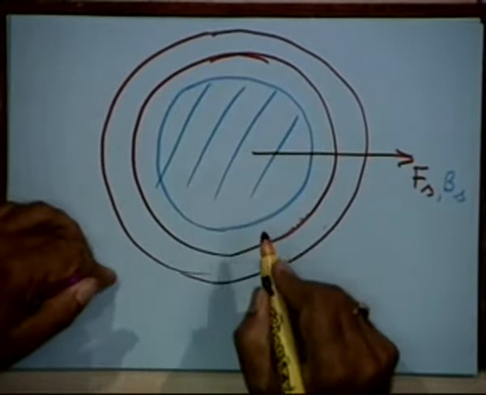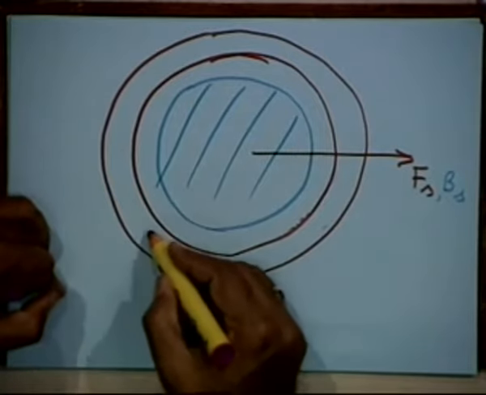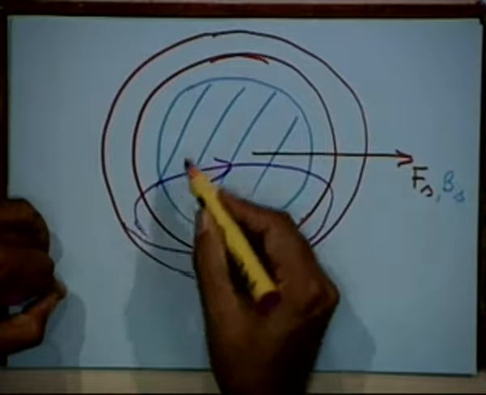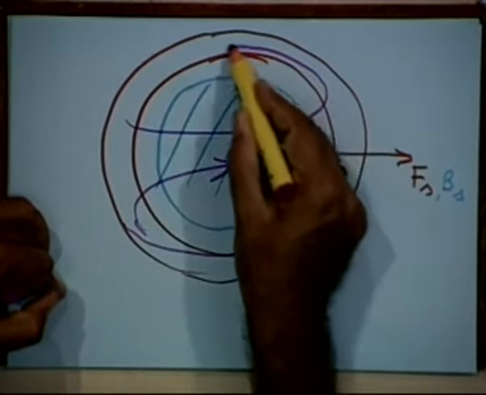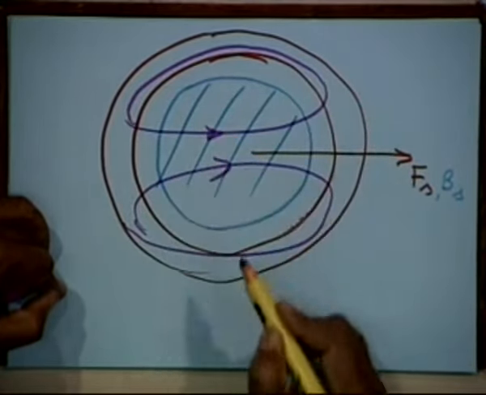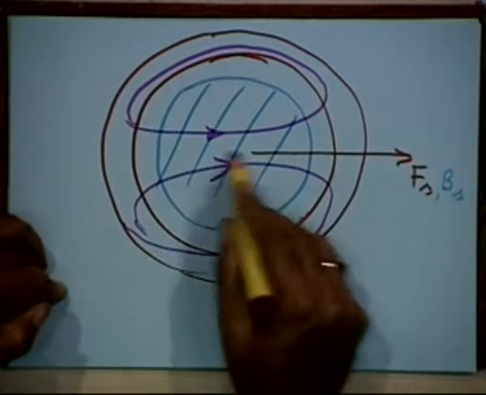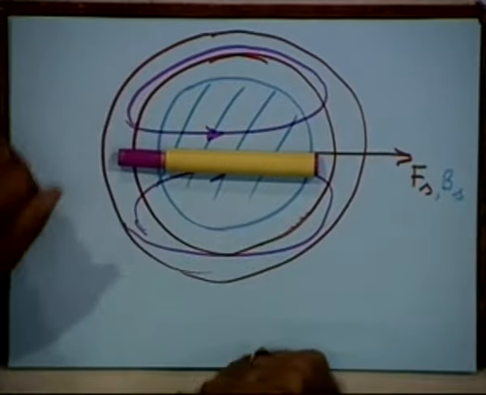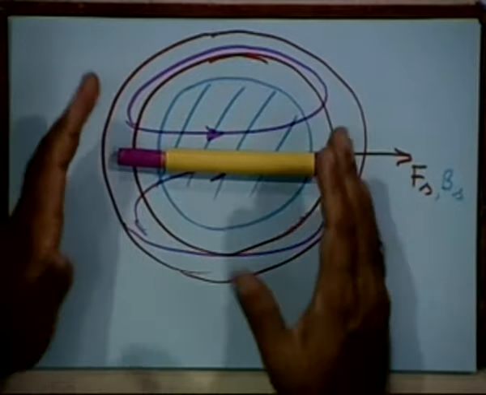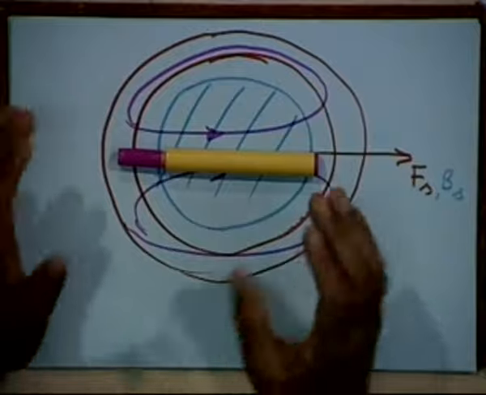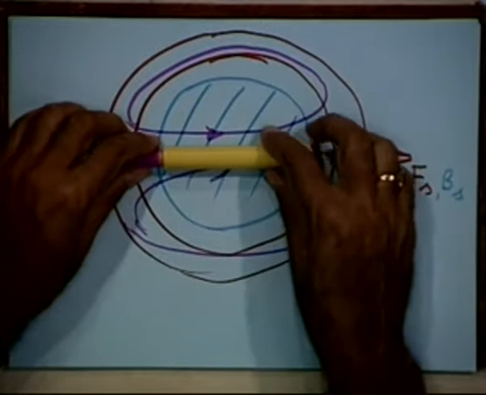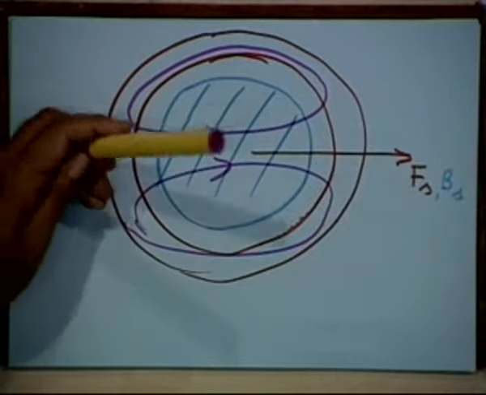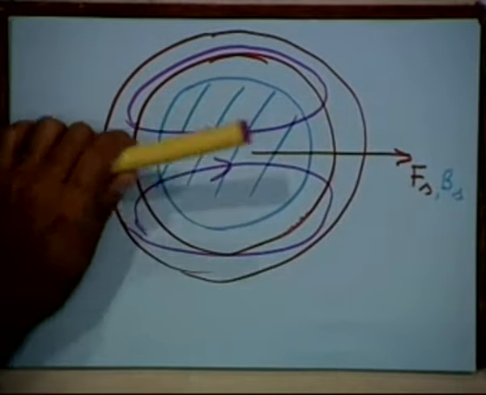When I say this is aligned in this way, it means it is producing a flux path like this. It is as if I have placed a magnet like this, with its axis and strength giving you Fs and Bs.